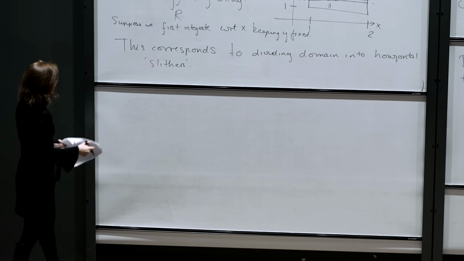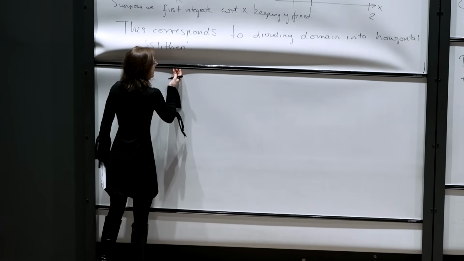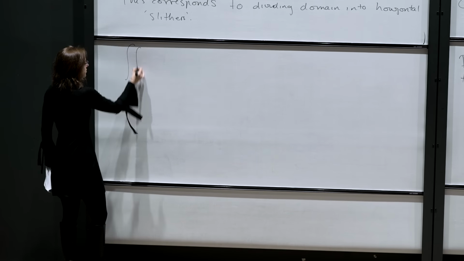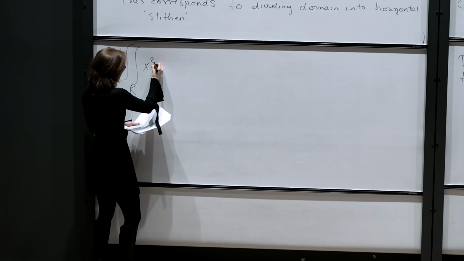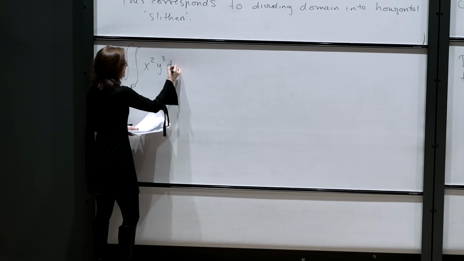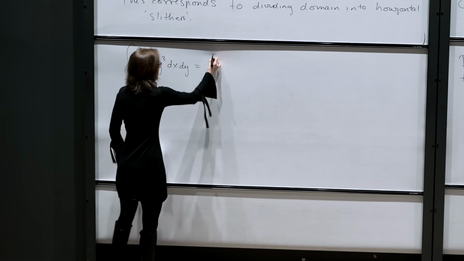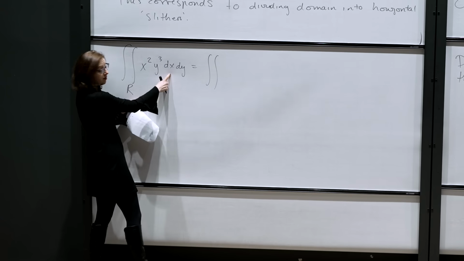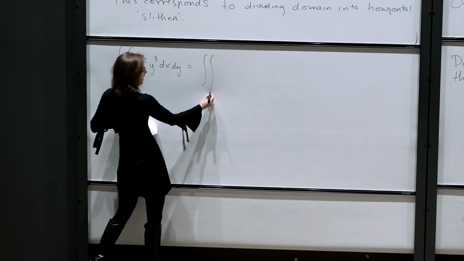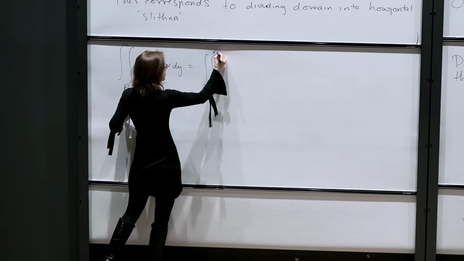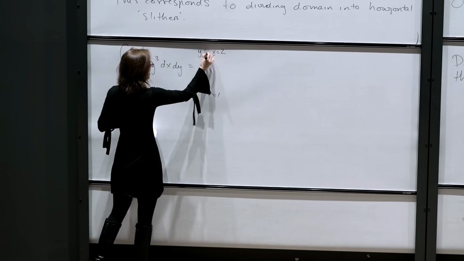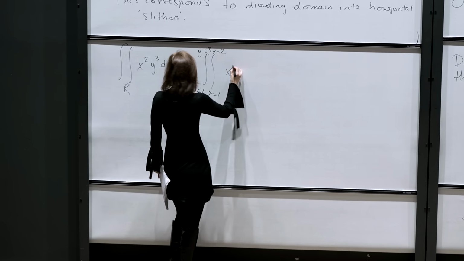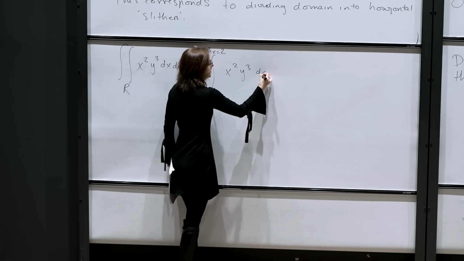All right, so let's do that. We're going to integrate first with respect to x. So that means the integral over my region of x squared y cubed dx dy is just the integral, with x between 1 and 2 and y between 1 and 3, of x squared y cubed dx dy.